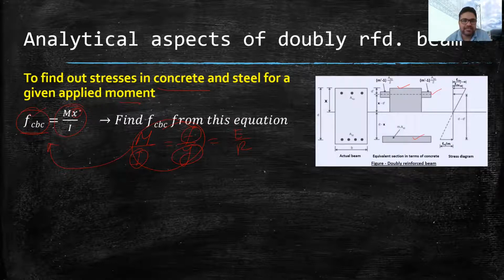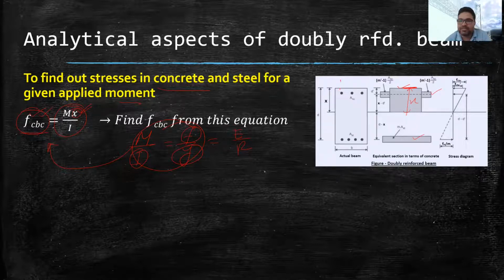This X is the distance between the neutral axis and the point where we have to find out the stress. In the case of concrete, the maximum stress will occur at the top line, so the distance between the neutral axis and the top line will be X. That is why I have placed the X value here. We are interested in finding this value at the top level, because that is where there will be maximum stress in the concrete.